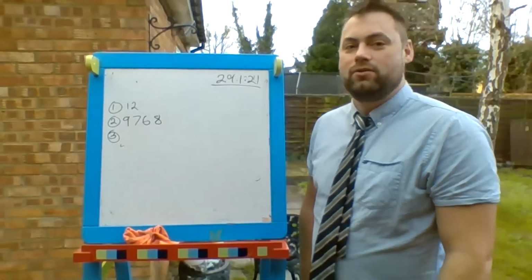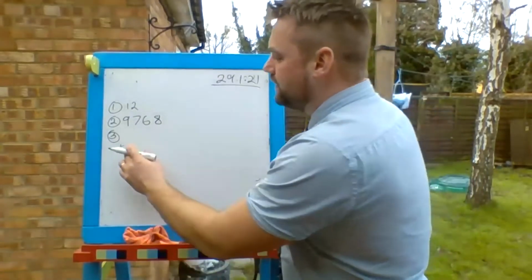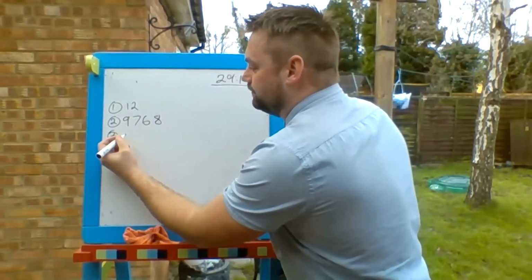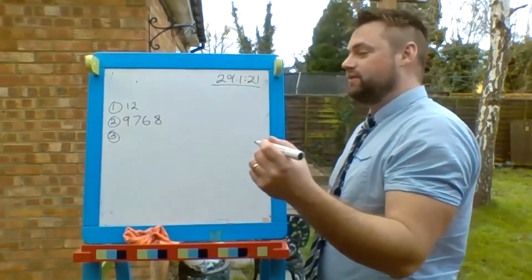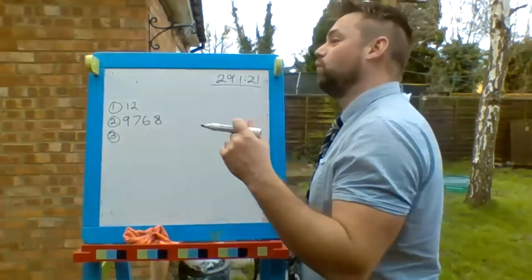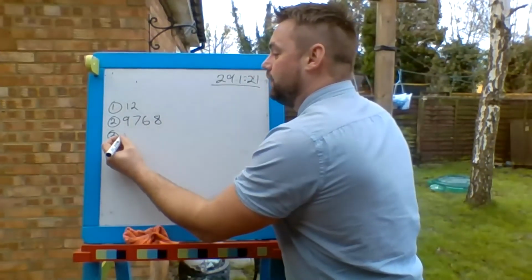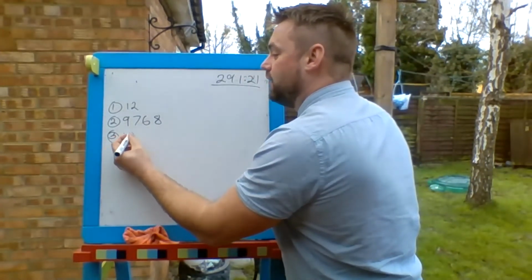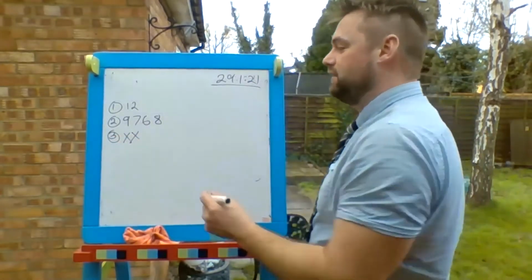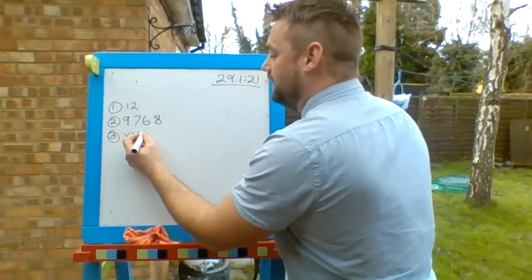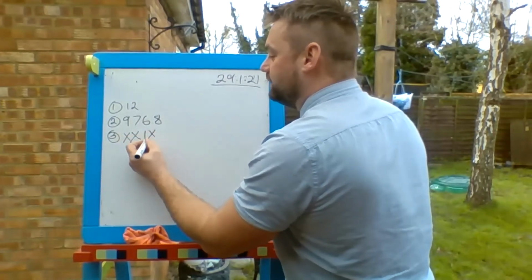Today's date in Roman numerals. Tough one, this one. Right, 29. It's the 29th of January. So we've got 20, so 2 10s to give us the 20. And then 9 is 1 before 10.